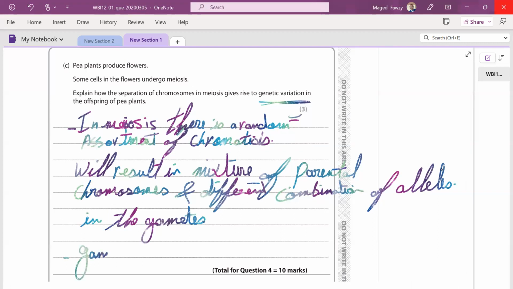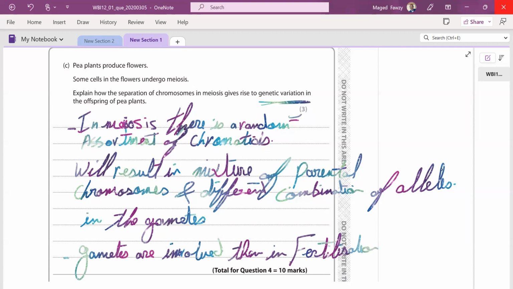Gametes are involved then in fertilization randomly.